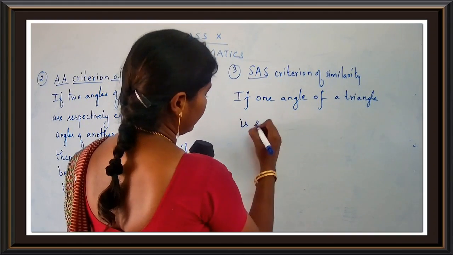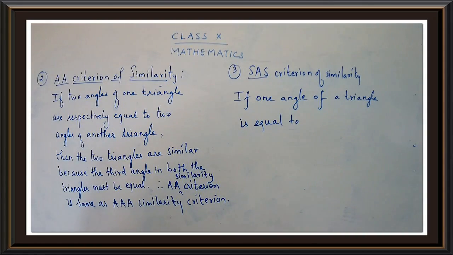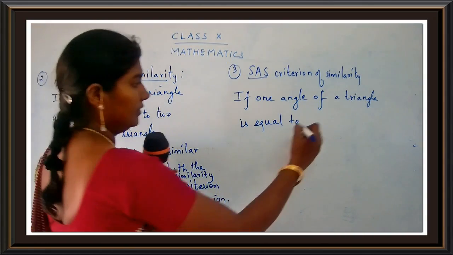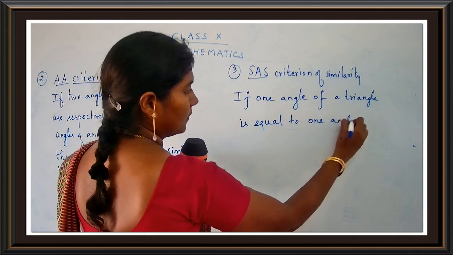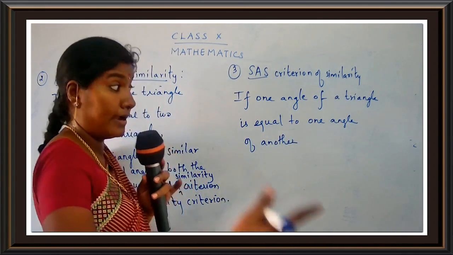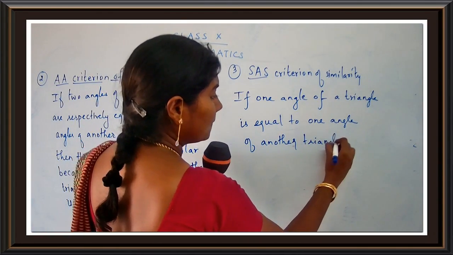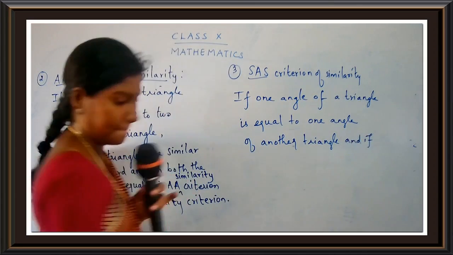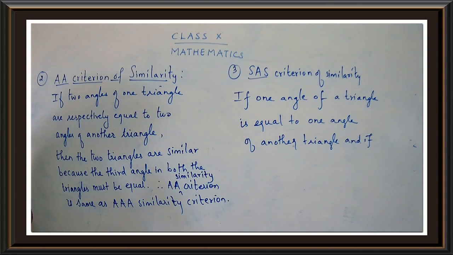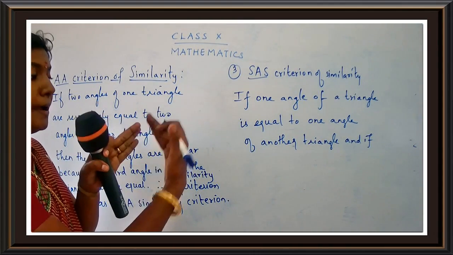So one angle of a triangle is equal to one angle of another triangle. And what else is the condition given? And if the sides including them are proportional, and if the sides including them, the sides including means the angle should be present between the sides.